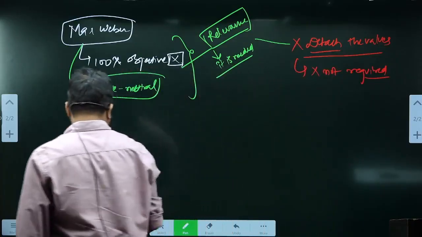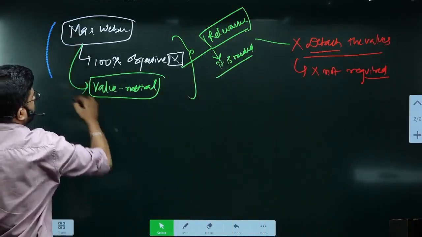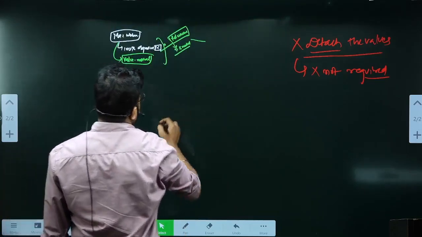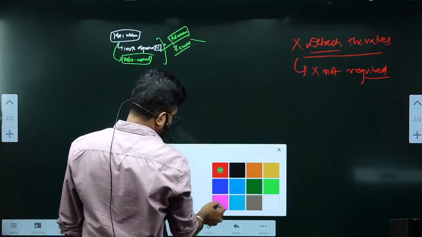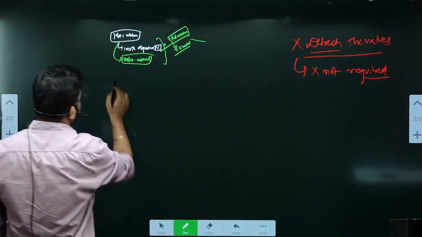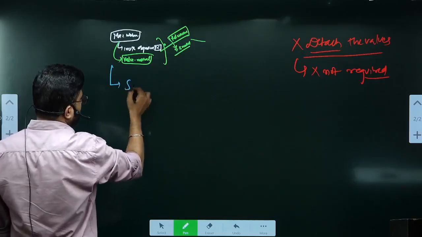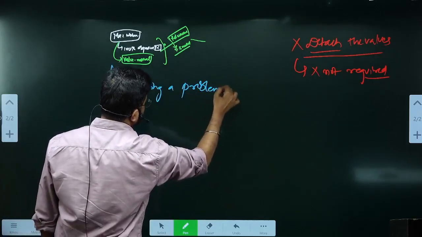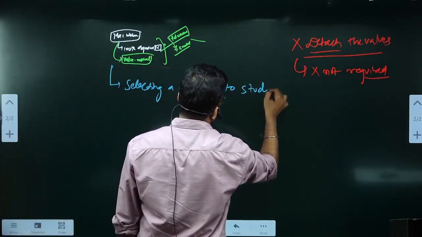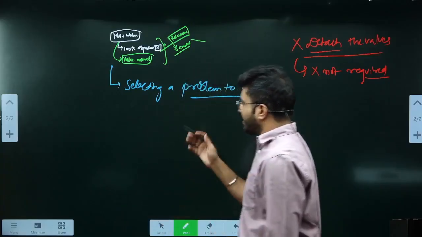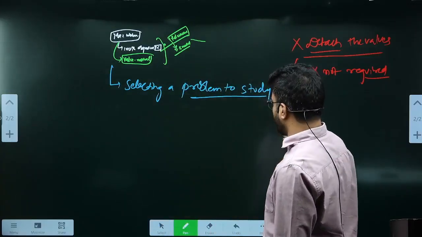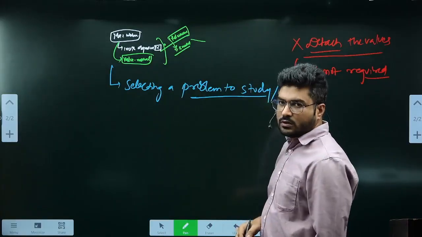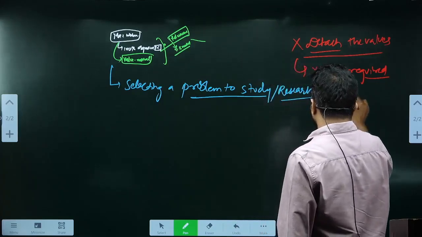Now, what does it mean? This means for selecting a problem to study, for selecting a problem for research, we cannot be objective.